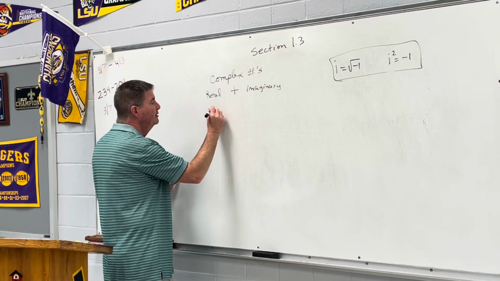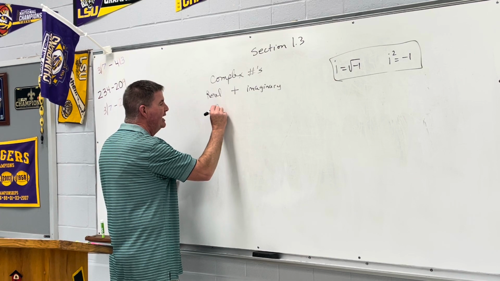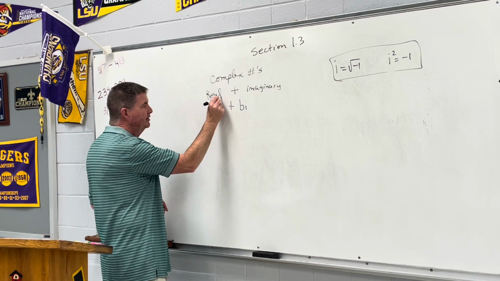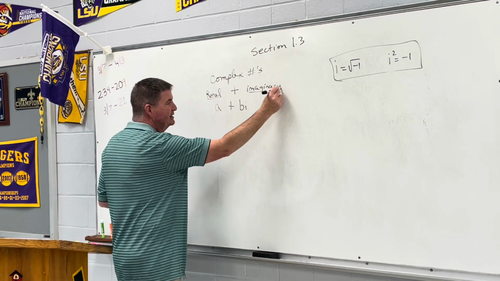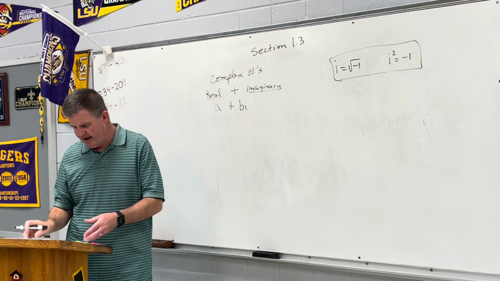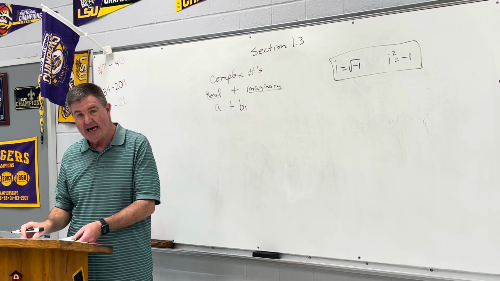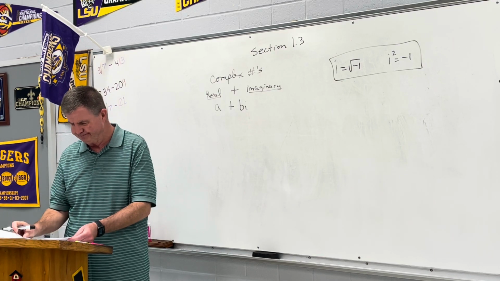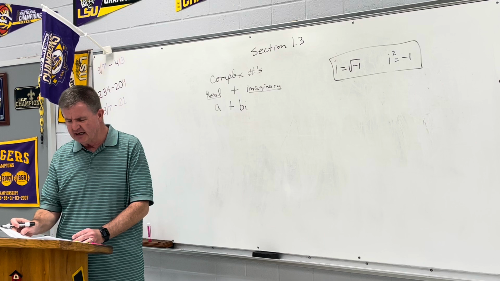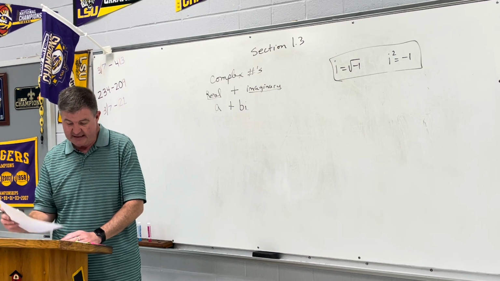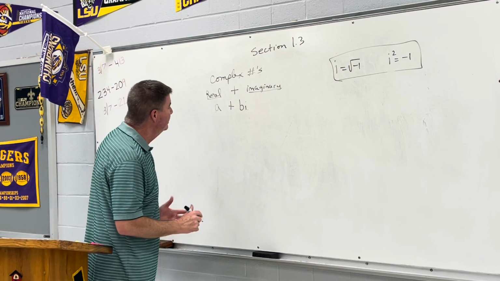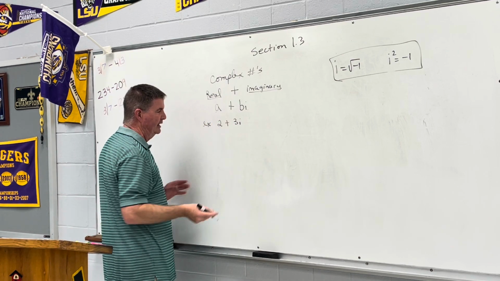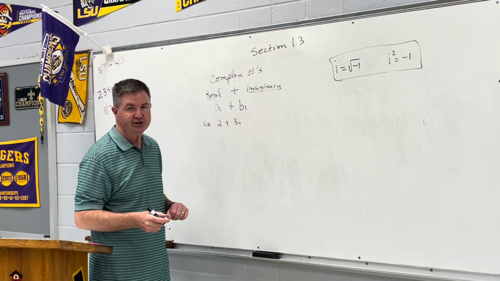The complex number is going to be looked at as a plus bi, where a is the real part and bi is the imaginary part. So when we have our formulas, you're going to see it written as a plus bi. An example of a complex number could be 2 plus 3i. The real part, the imaginary part.